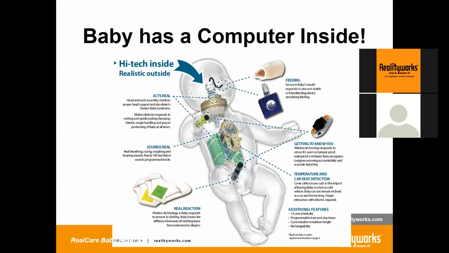There are IDs that are programmed specifically to that baby. This is our accountability factor. So each ID that's programmed to that baby, it knows if it's with the correct student. So the student can't just pass it off to somebody else to take care of. With this latest version with the computer inside, it actually requires the 24/7 care, but it records what's happening. And this is now wireless technology.